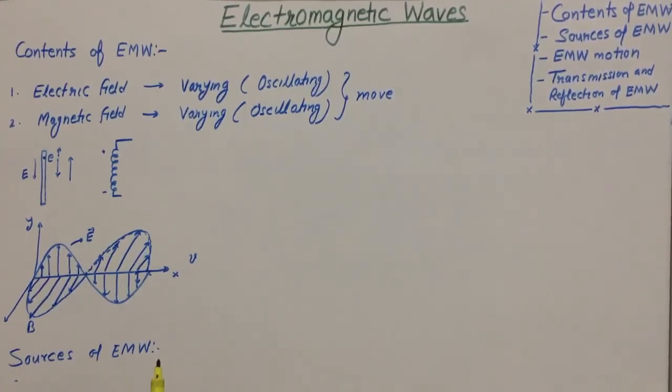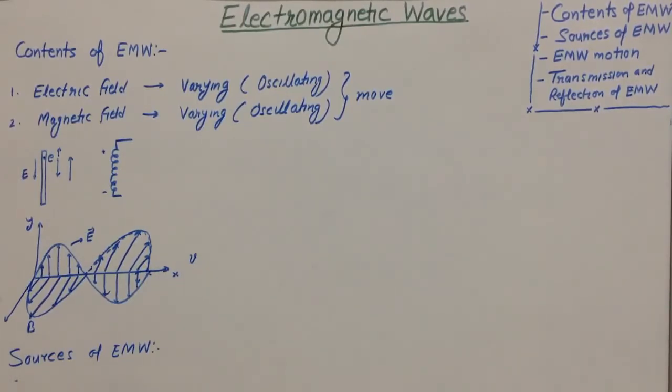Mass is the characteristic which generates gravitational field, and charge is the characteristic which creates electric field around it. And the electric field around it depends on the movement of the charge.